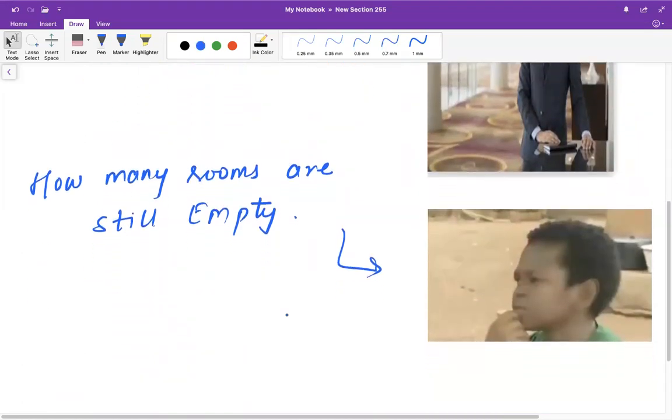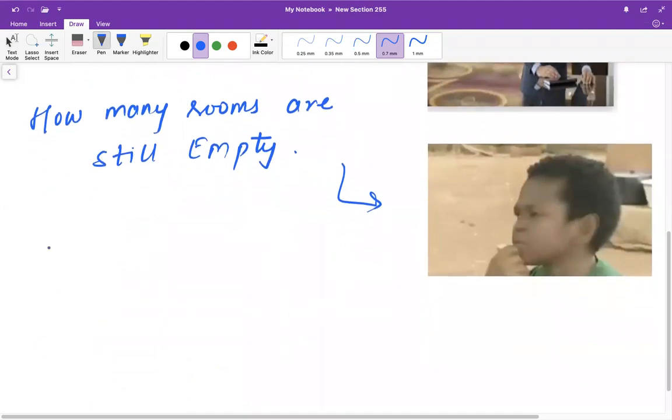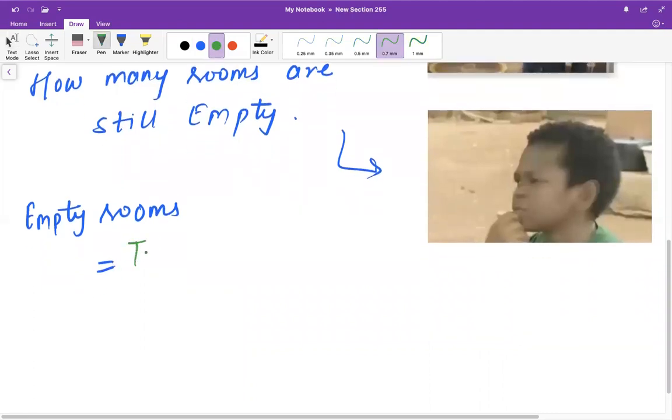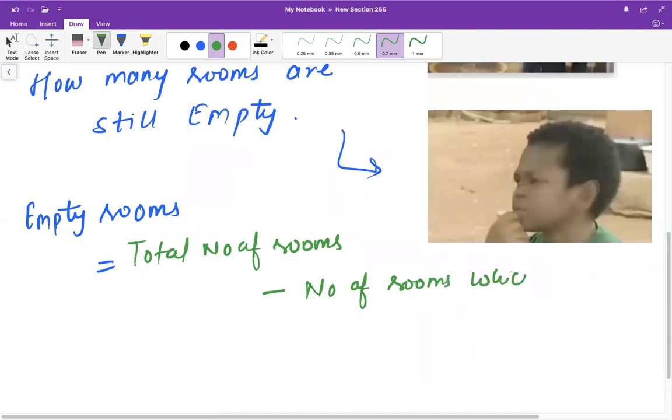So if I try to formulate this into a mathematical model, how are you going to find the rooms which are empty? The formula should be: empty rooms equals the total number of rooms minus the number of rooms which are filled, which are occupied.